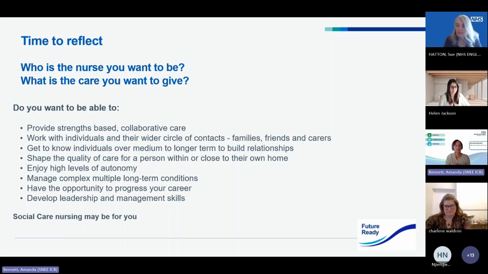We heard a lot there around seeing the whole person, building relationships, getting to know the family, getting to know the person. Do you want to contribute to that type of nursing in the future? And what is the care that you want to give? Just have a little time to think about that.